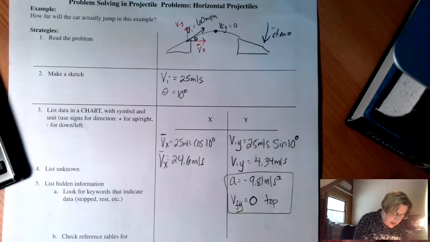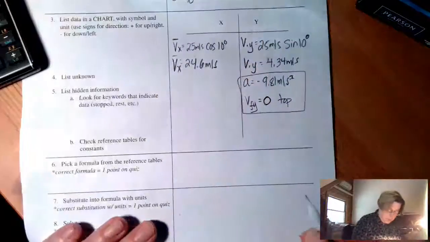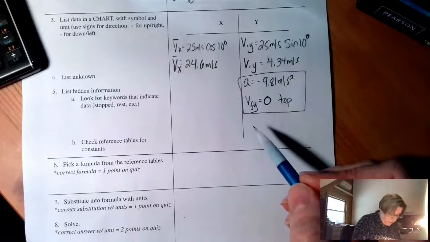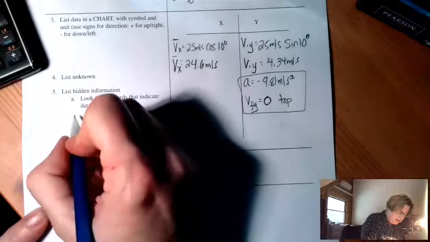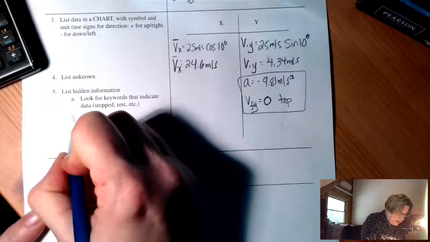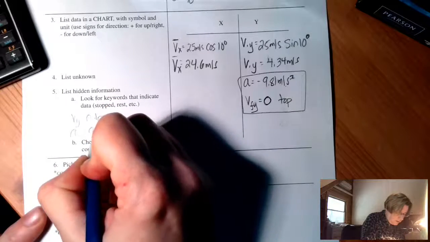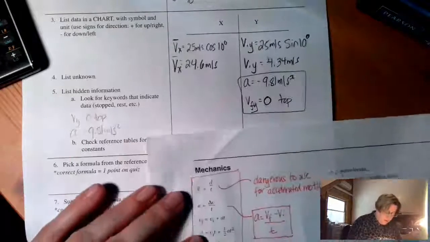Now we have enough information to find time, because remember, the first thing you want to do is find time. Hidden information here is that Vy is going to be 0 at the top, and acceleration is negative 9.81 meters per second squared. Now, we need to pick a formula that has all of these things in it and nothing else, and we want to find time.